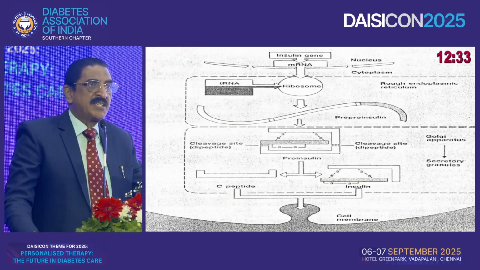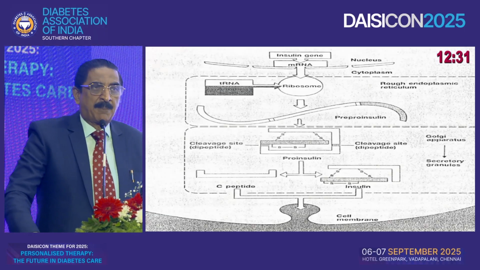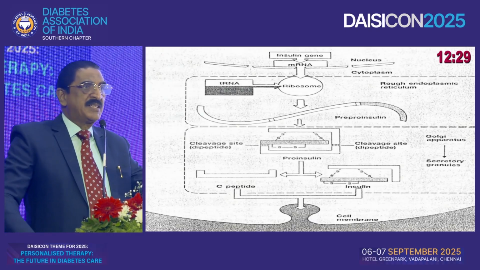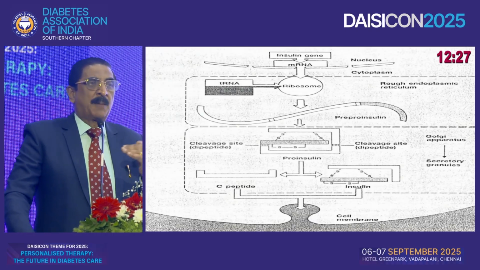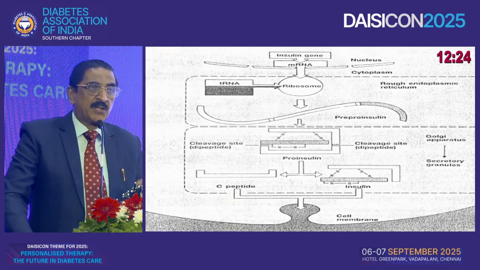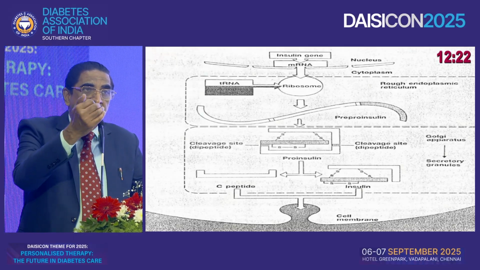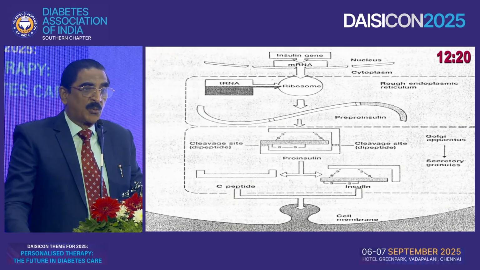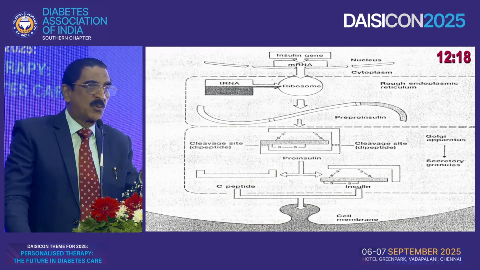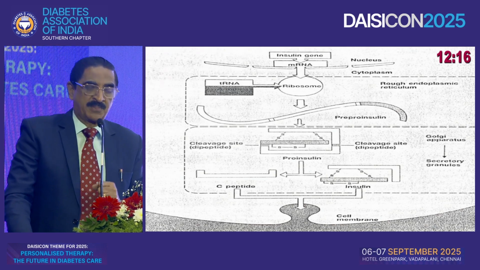Tracing the insulin gene and the insulin machinery in the beta cell, the insulin gene is transcribed to mRNA in the nucleus, and it enters the cytoplasm through the nuclear pores and winds around the ribosomes of the rough endoplasmic reticulum.